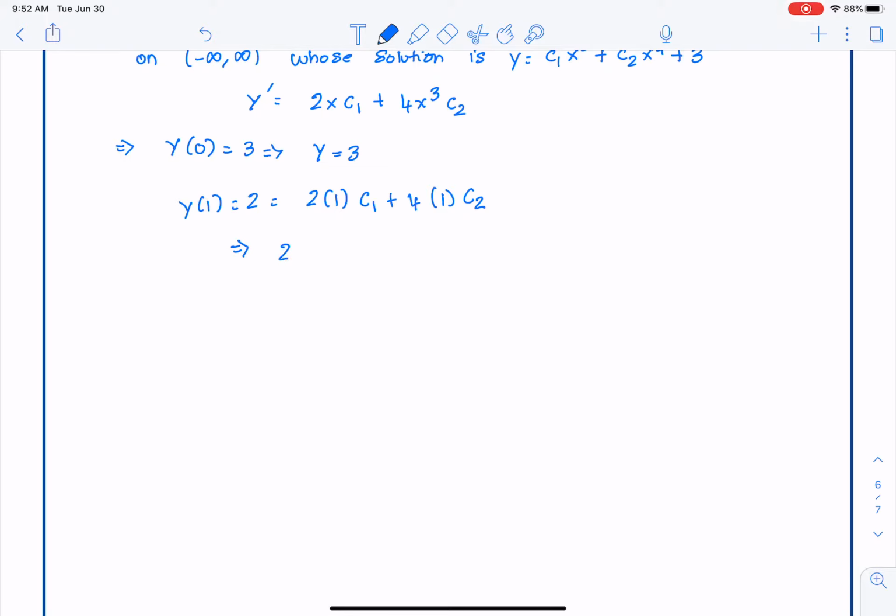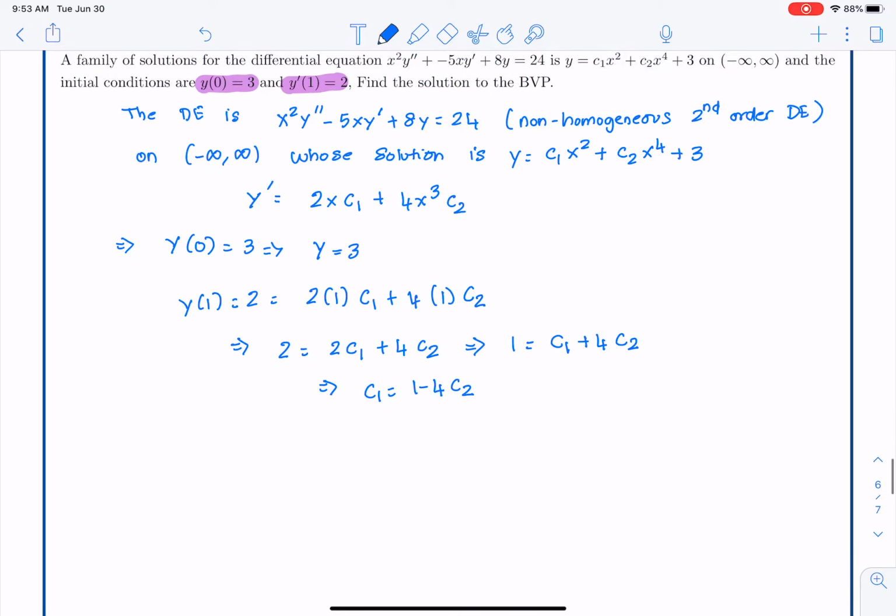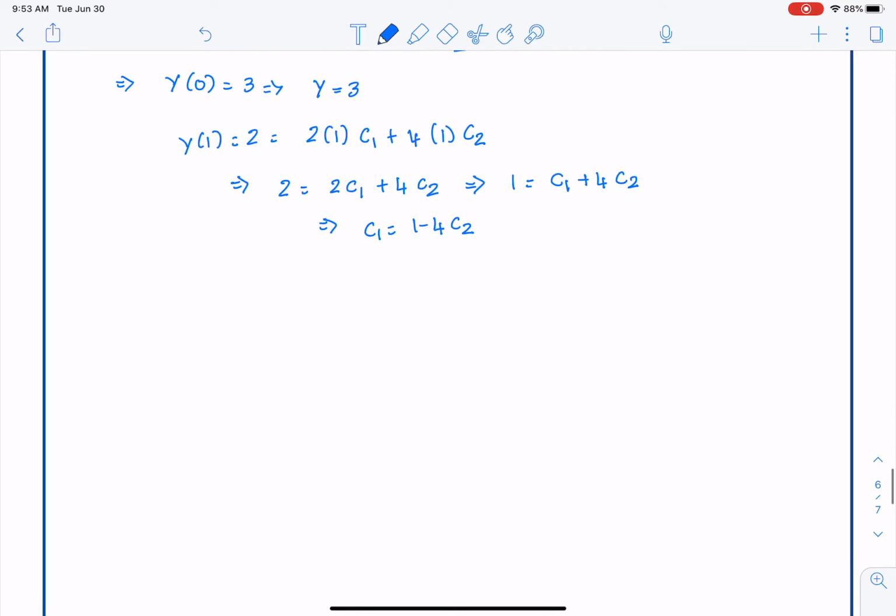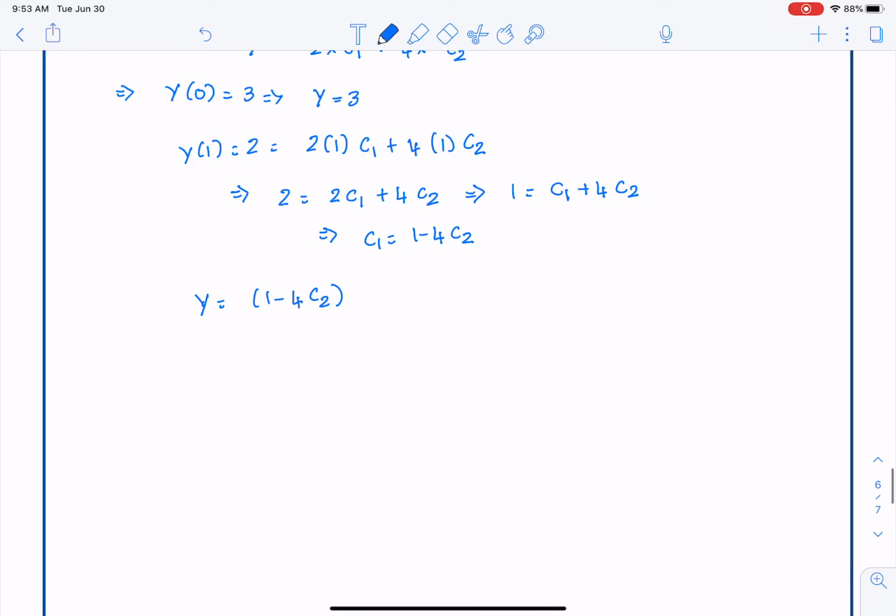This would mean 2 equals 2c1 plus 4c2. We have a 2 in common, so if we divide by 2 on both sides, 1 equals c1 plus 4c2. This would mean c1 is 1 minus 4c2. We could take that and plug it in the solution. We get y equals 1 minus 4c2 x squared plus c2 x raised 4 plus 3.